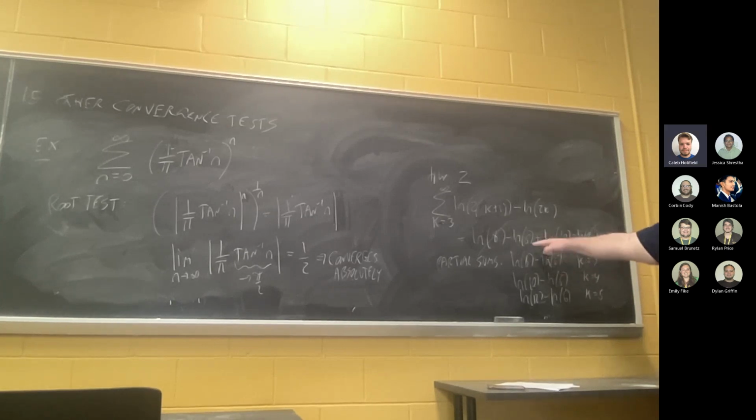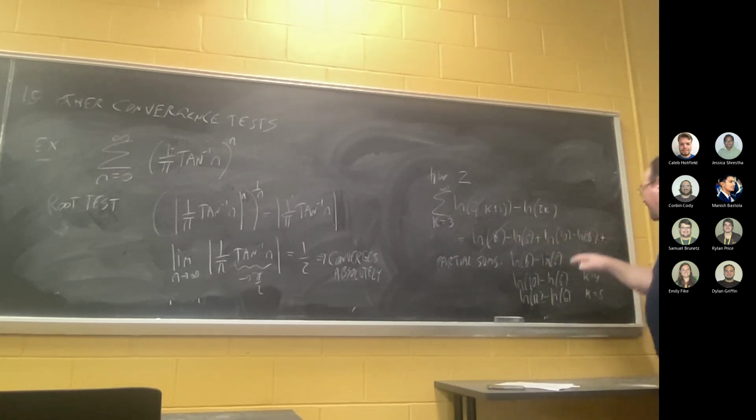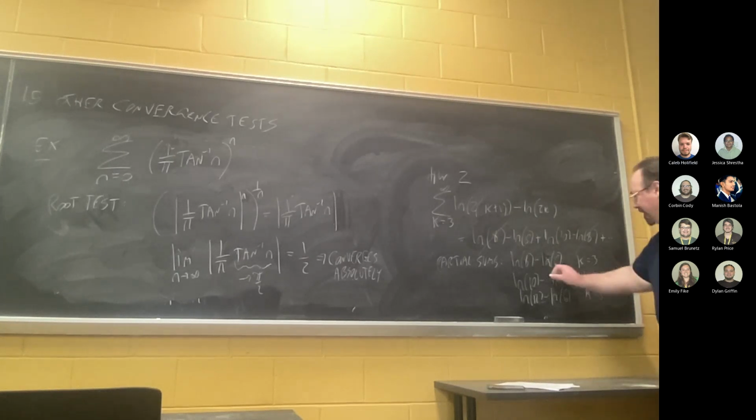No, above that, the one above that. Yeah, ln 8 minus ln 6 plus ln 10 minus ln 8. And then the ln 8s cancel. Also an ln. Any other questions about anything?